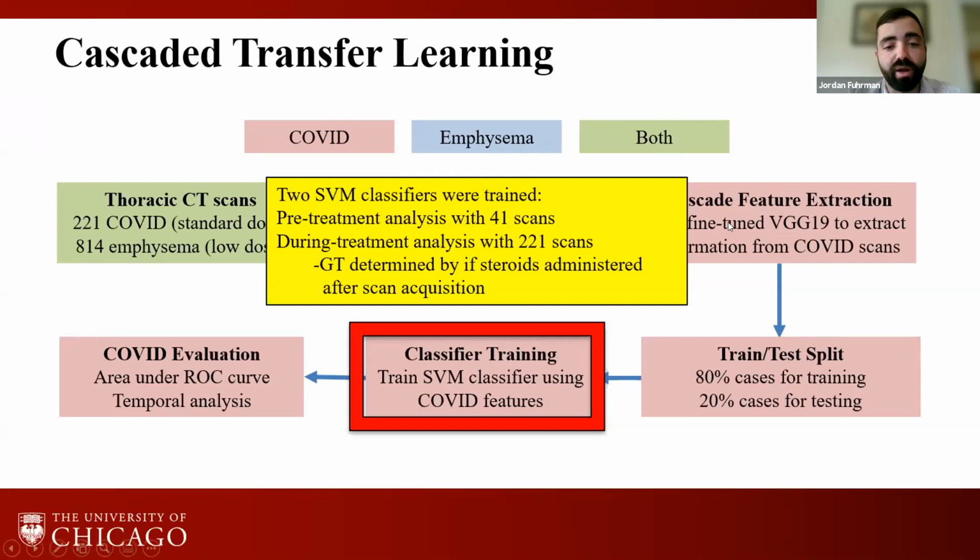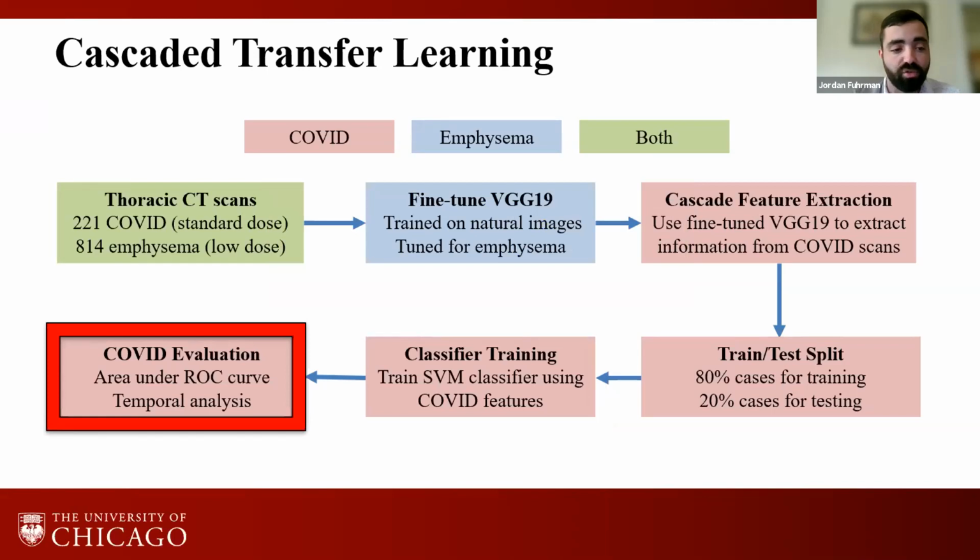Now for the during treatment analysis, the ground truth was slightly different. It was whether or not a patient received steroids at any point after a particular scan's acquisition. So for example, if a patient had three CT scan acquisitions throughout their course of treatment, and they were also undergoing steroid administrations until sometime between their second and third scans, then the ground truth for that patient would be a positive designation for the first scan, positive for the second, and negative for the third.